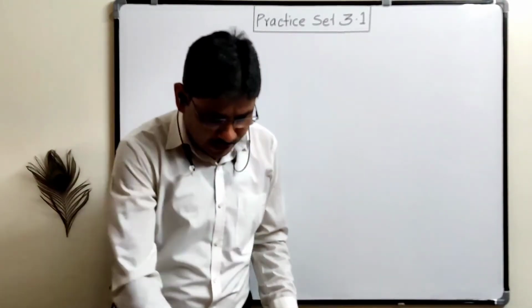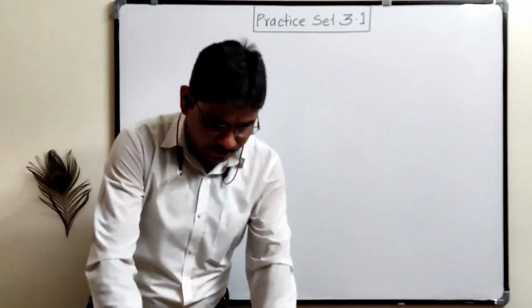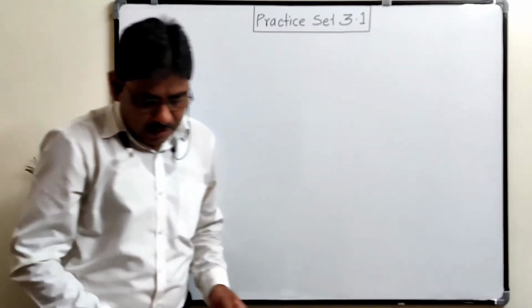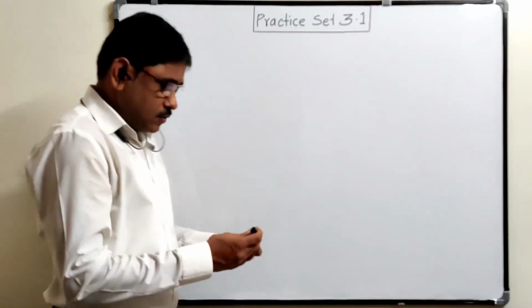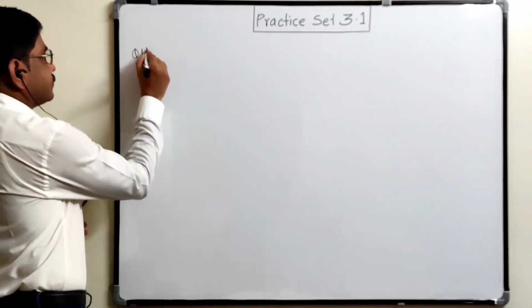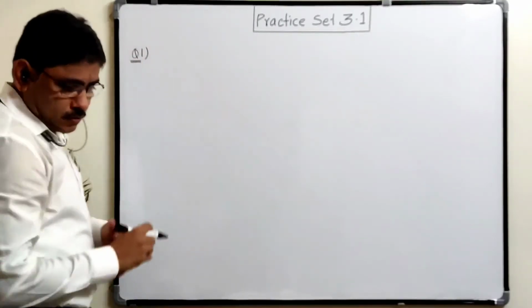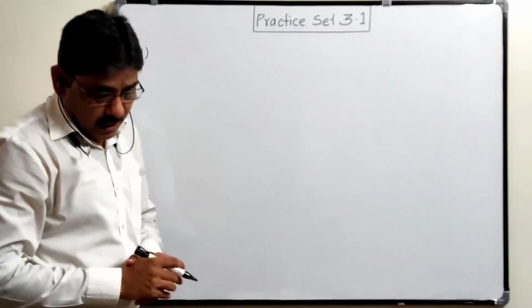The question number 1 is, state whether the given algebraic expressions are polynomials and justify. Justify means give reason. What do we have to write? State whether the given algebraic expressions are polynomial.